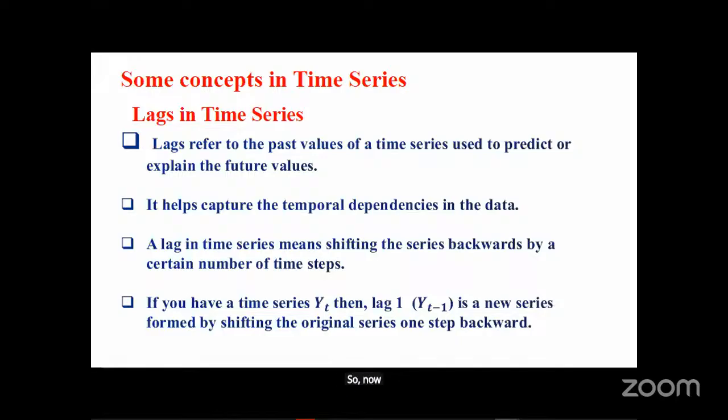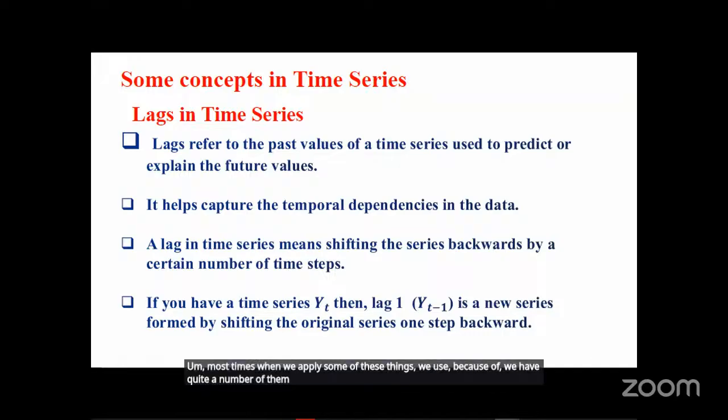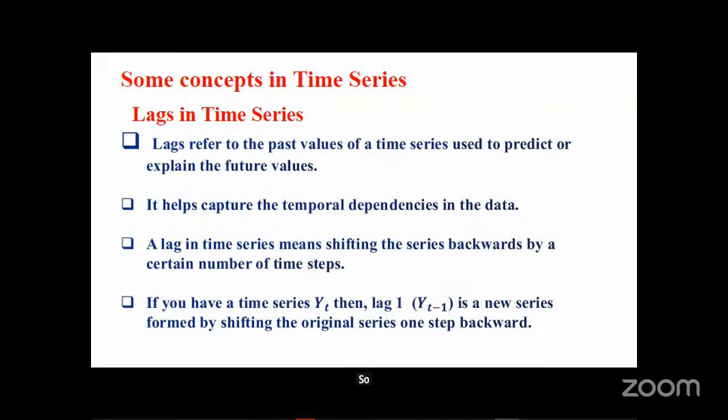So for the hands-on, most times when we apply these things, because we have quite a number of methods for decomposition, we use STL, which is seasonal and trend using Loess, because it's more robust. It gives you the hierarchy of the significance of each of the components to the original series itself.